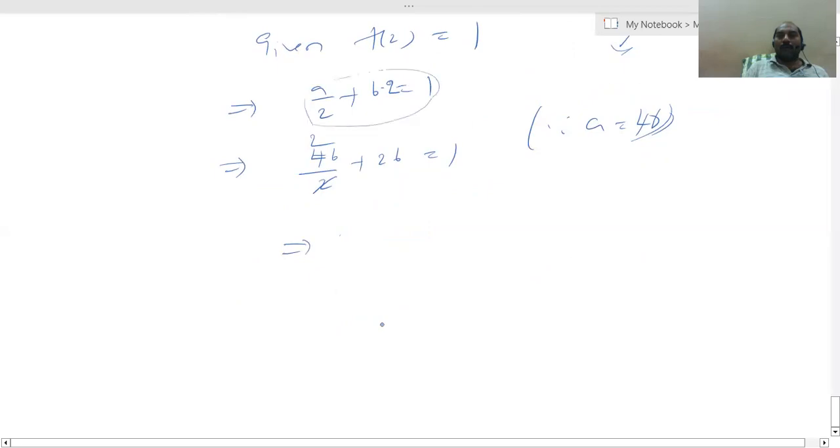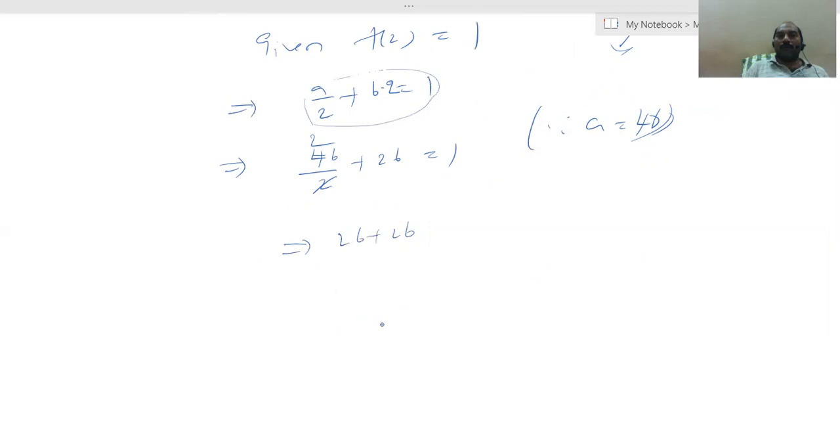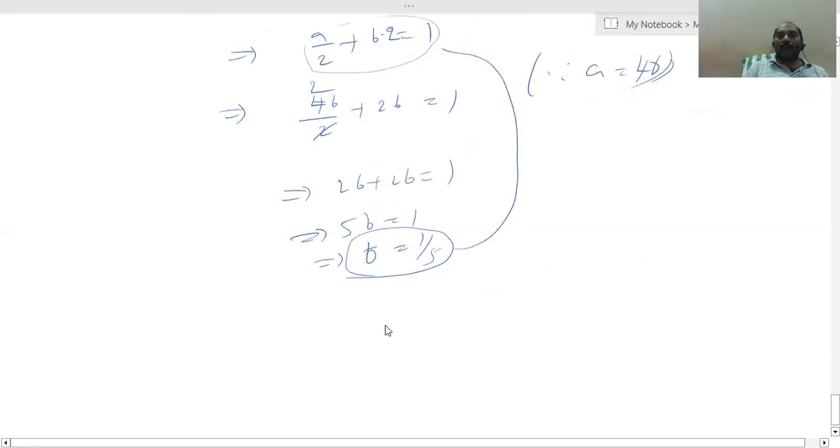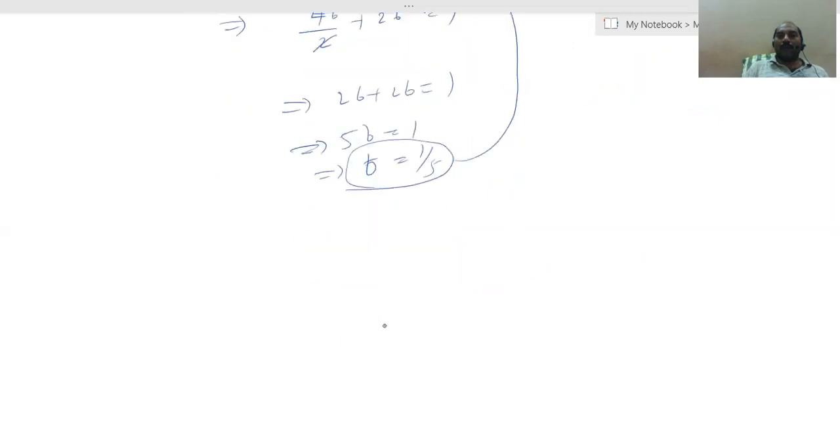What about 2b plus 2b equal to 1? 5b equal to 1. That implies b equal to 1 by 5. Substituting b equal to 1 by 5 in this equation, we get the a value. a by 2 plus b into 2 equal to 1.